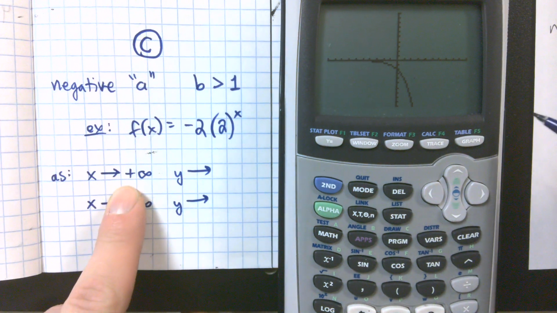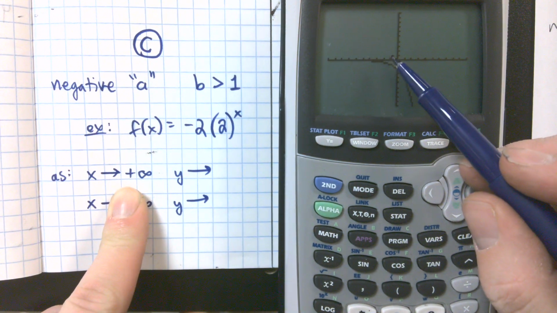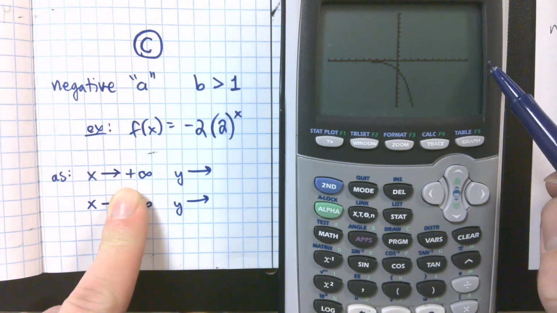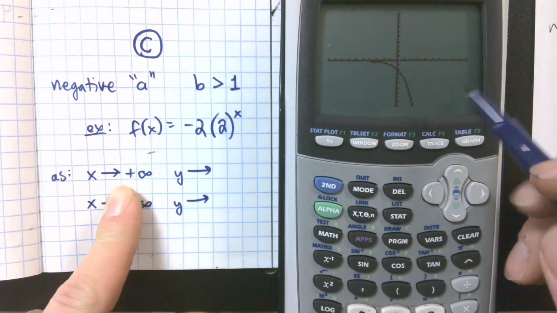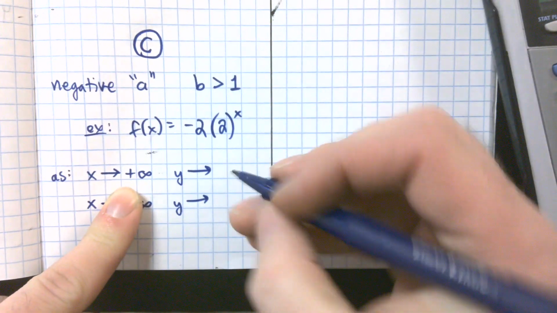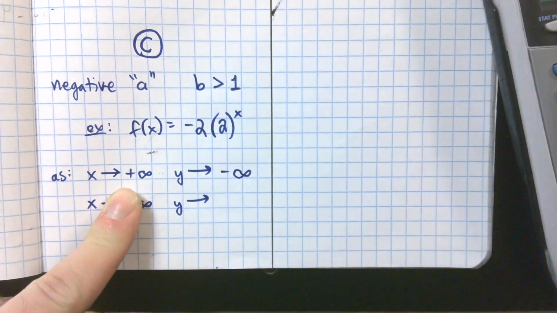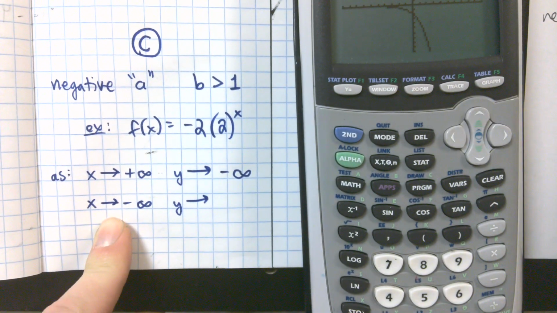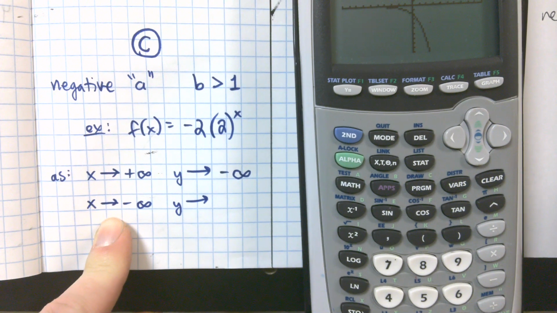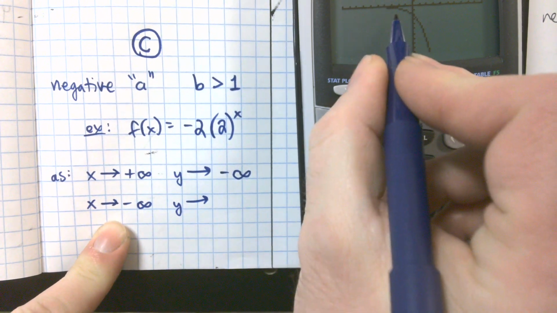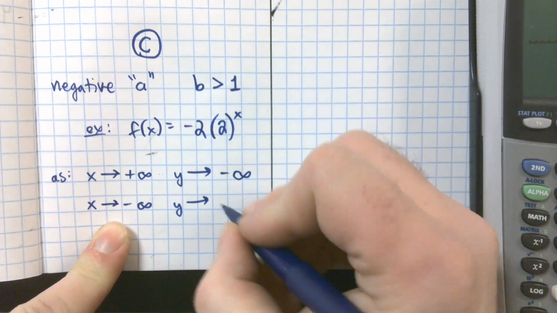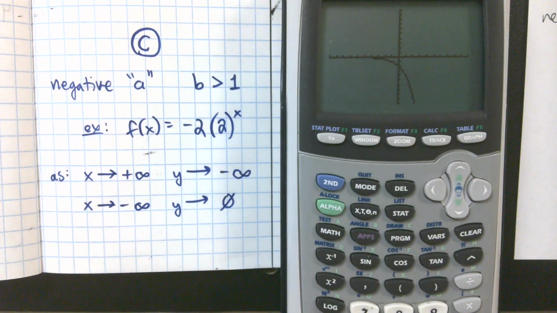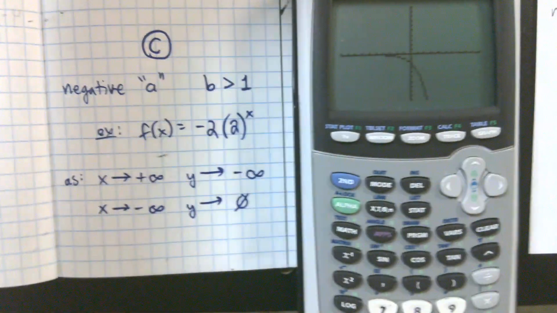So let's see. As x approaches positive infinity, as I go to the right, to the right, to the right, what happens to my function? Where's it going? Negative infinity. Beautiful. You're absolutely right. As we go to the left, to the left, to the left, where is it approaching now? 0. Right? We're getting right up close to that x-axis. Okay?